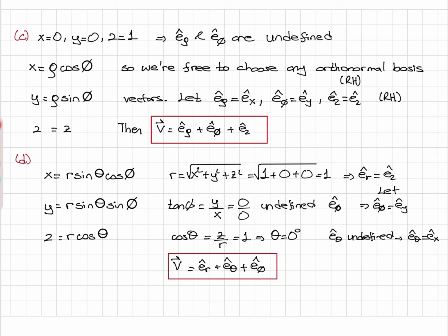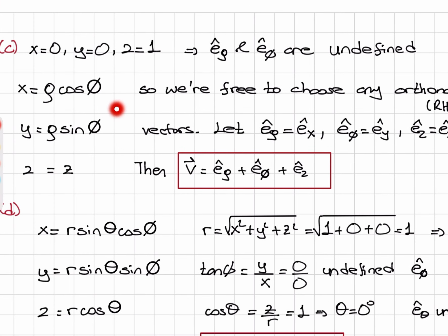Okay, so in this case, x equals 0, y equals 0, z is equal to 1. Tangent phi is equal to 0 over 0. It's undefined. So phi is undefined. Rho, the square root of x squared plus y squared, is 0. Rho is equal to 0. And z is equal to 1.